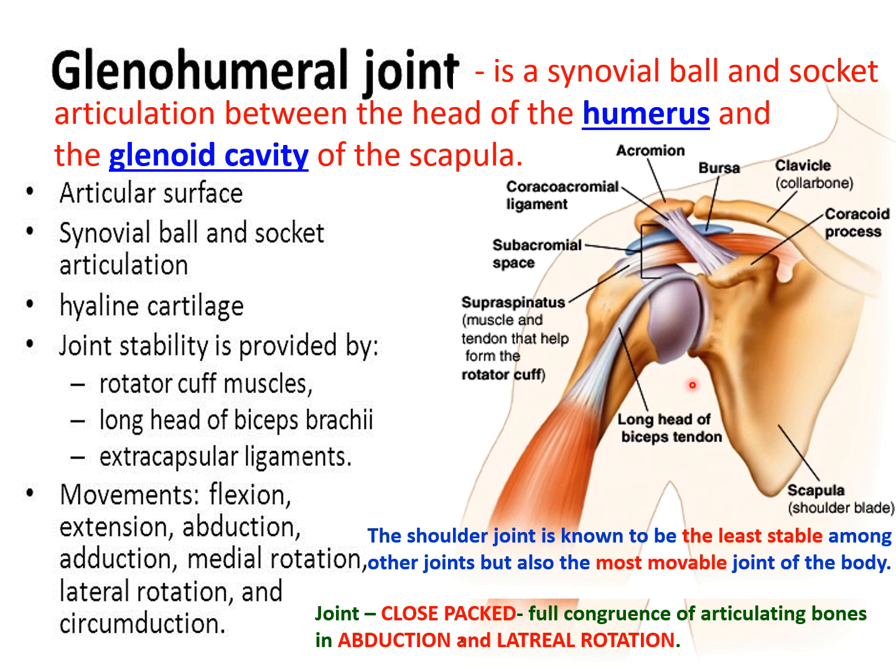So the stability of the shoulder joint is compromised for its mobility, and the joint becomes close packed, with full congruence of the articulating bones, in abduction and lateral rotation. In a pendant limb, it is open packed.